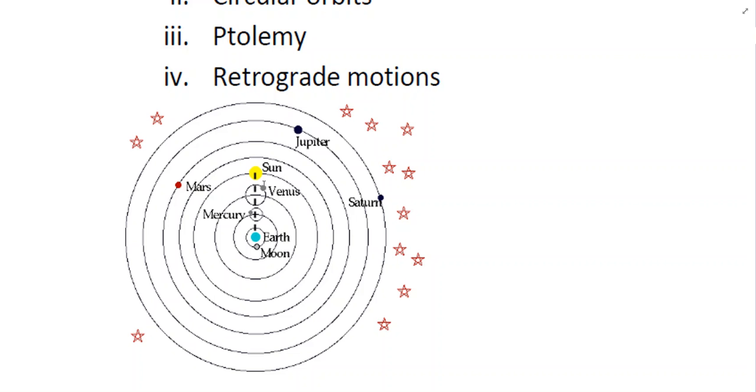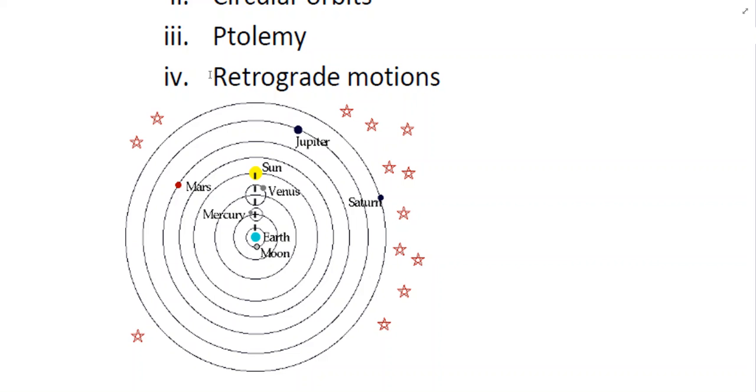You'll notice that there are these little circles on the outside of the planets, and those are because in order to account for all of the motion that they saw, it looked like Venus was going backwards at certain times. So they explained this as Venus being on another circle inside of its larger circle.